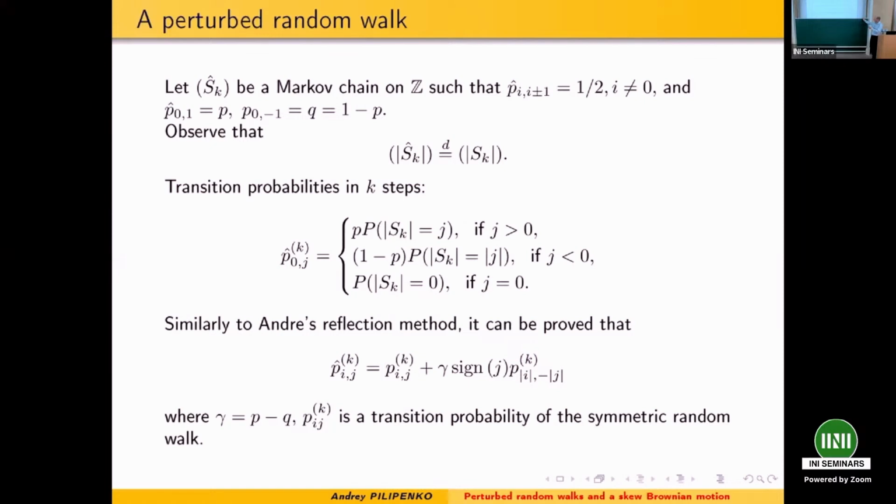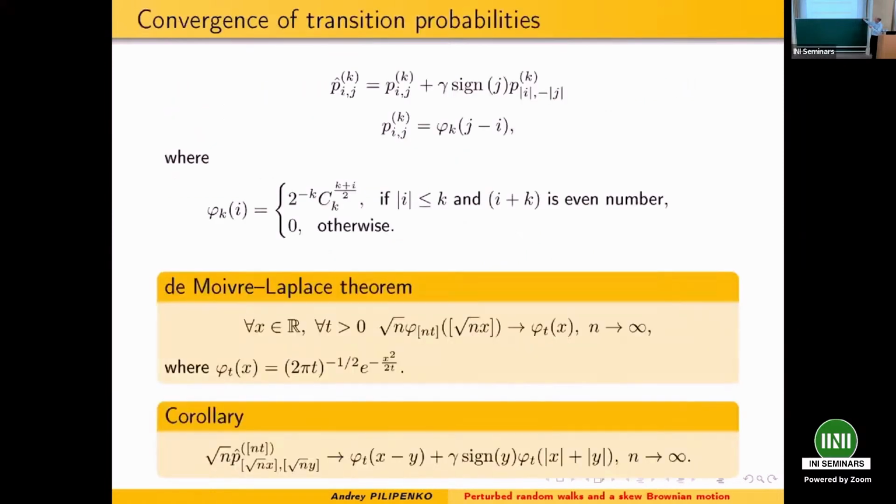Let me recall the transition probability of this perturbed random walk: everywhere it is 1/2, and from 0 you make a step up with probability p and down with probability q. So the transition probabilities are this, where phi is the transition probability for the symmetric walk. And you have the de Moivre-Laplace theorem, so you have convergence of the density of these transition probabilities.